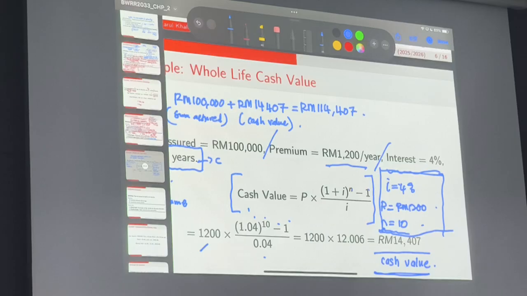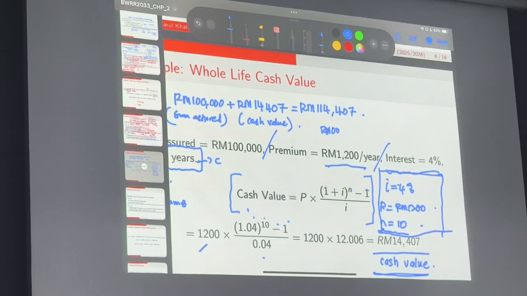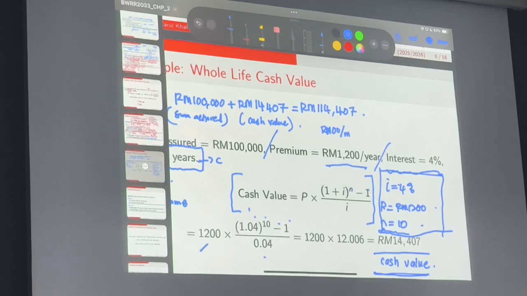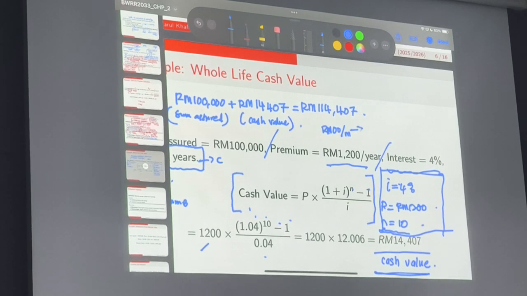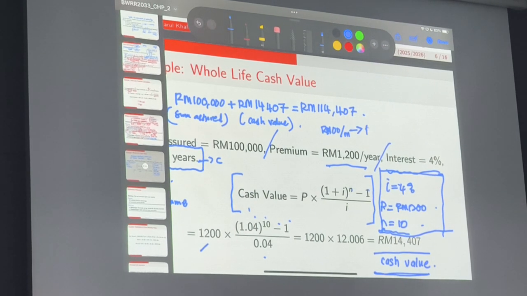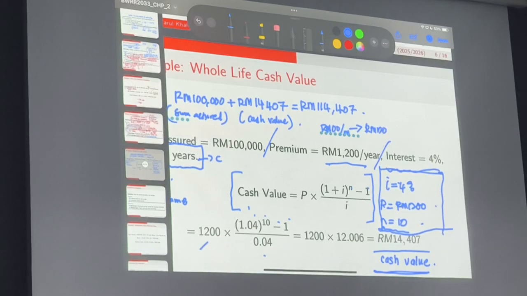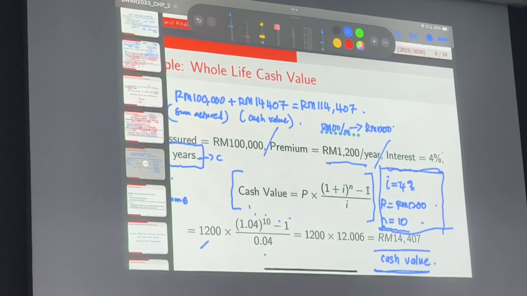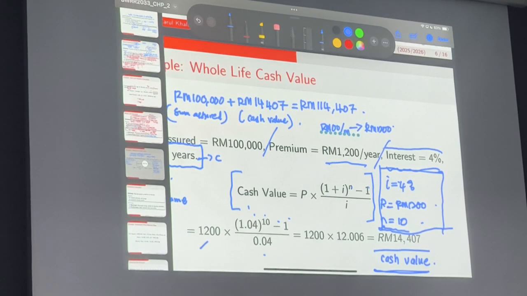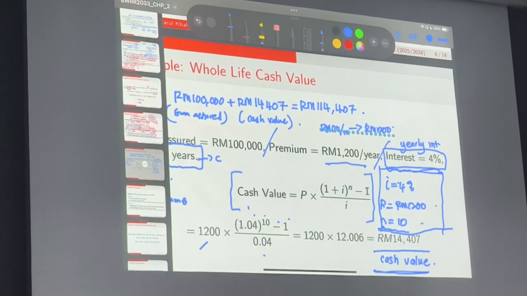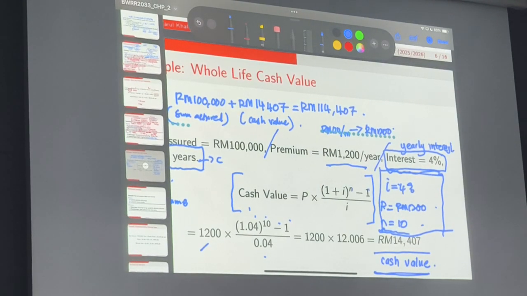For example, in the examination, if I give you RM100 per month, you have to convert it to yearly, RM1,200 a year. Why? Because this interest is not monthly interest. This is yearly interest.